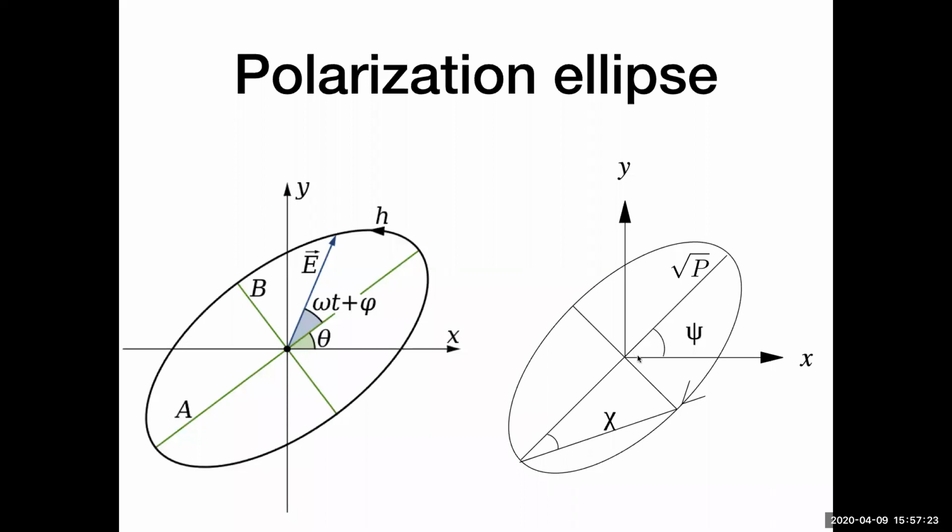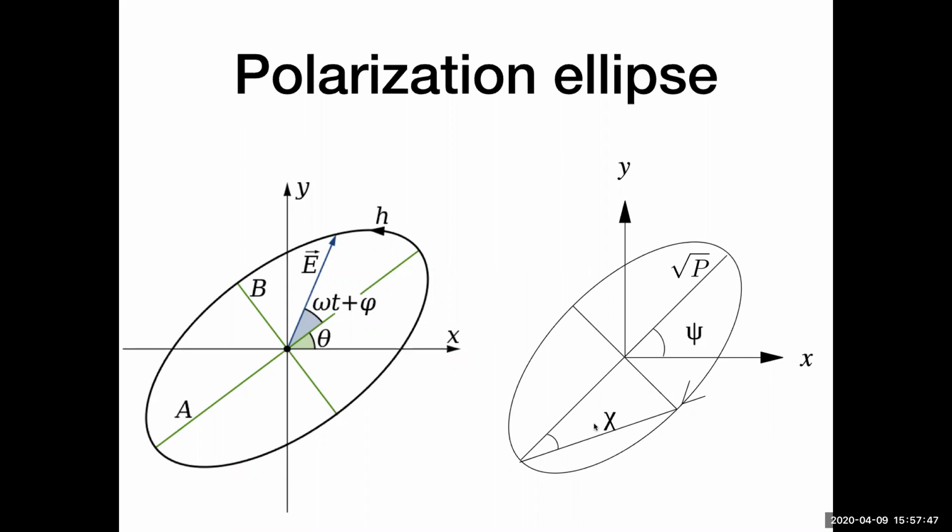And then instead of a semi-minor axis, you can define an ellipticity angle, which is effectively the opening angle of the ellipse, where 0 is collapsing it to a line, and a 45-degree angle would be a circle, effectively, because you'd have equal semi-major and semi-minor axes.